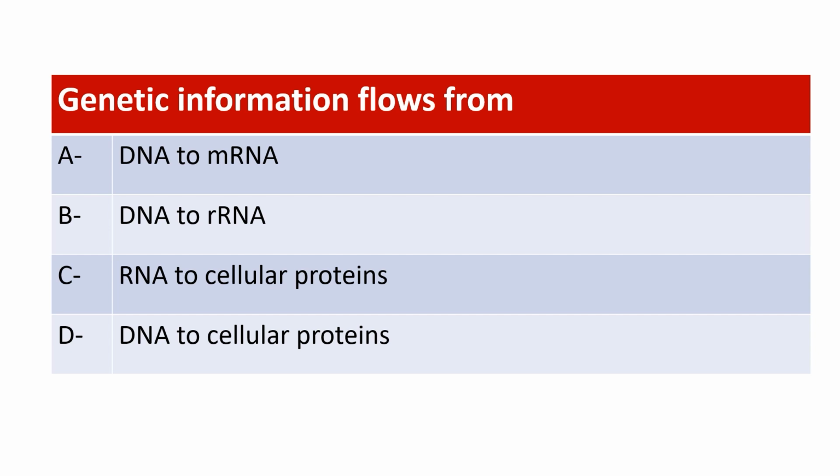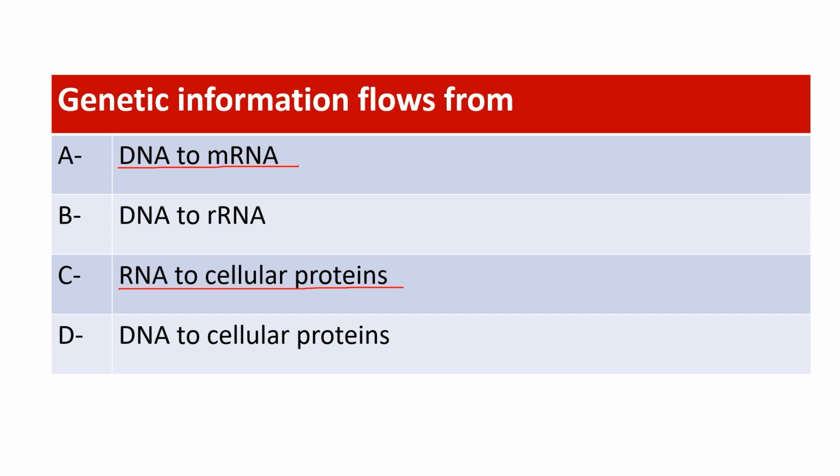In this process, the flow from DNA to messenger RNA is transcription. So the option A tells us the transcription, and the flow from messenger RNA to proteins, as in the C, for example, RNA to cellular proteins, describes the translation.